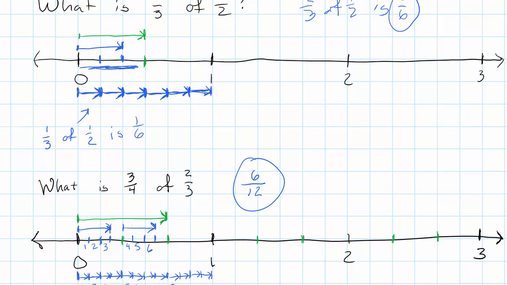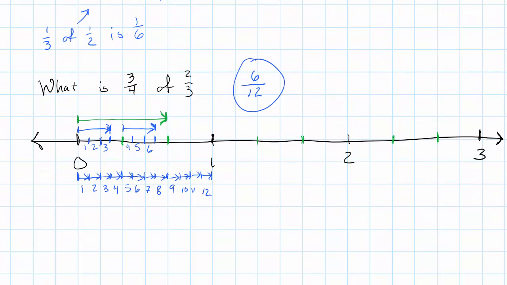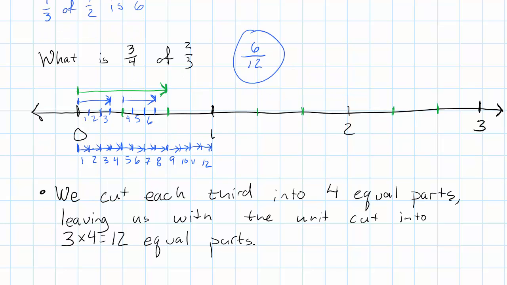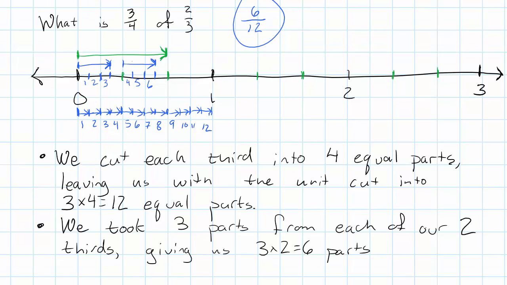What's going on is this. In this exercise, we cut each third into 4 equal parts, leaving us with our unit cut into 3 times 4 is 12 equal parts. We took 3 pieces from each of our 2/3, giving us 3 times 2 equals 6 parts.